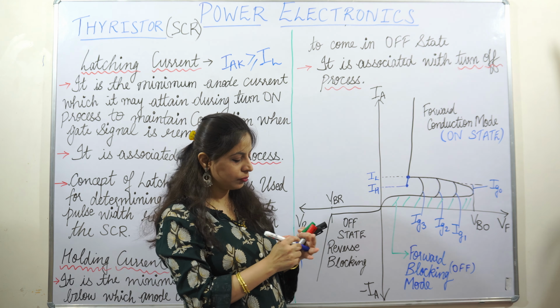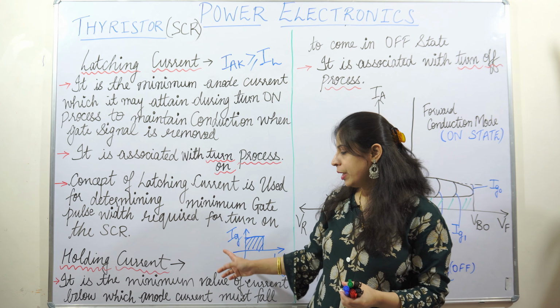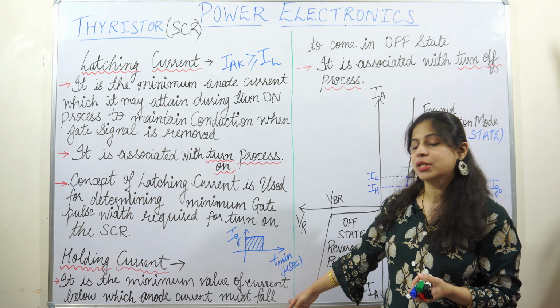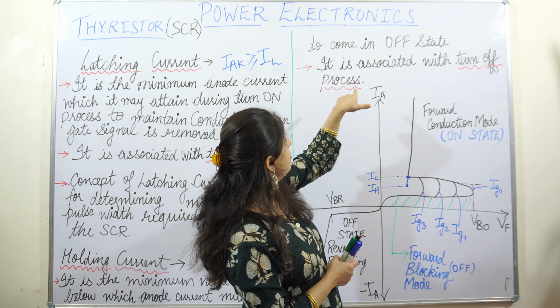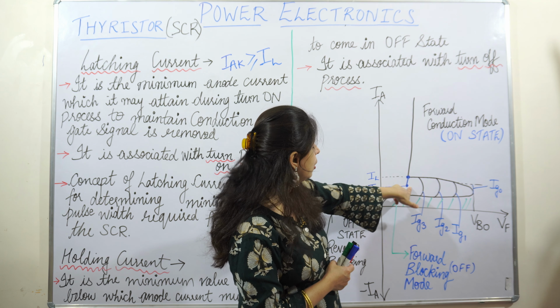Okay. So now let us discuss about the holding current. So holding current is the minimum value of the current below which the anode current must fall to come in the off state. So this is the holding current depicted over here.